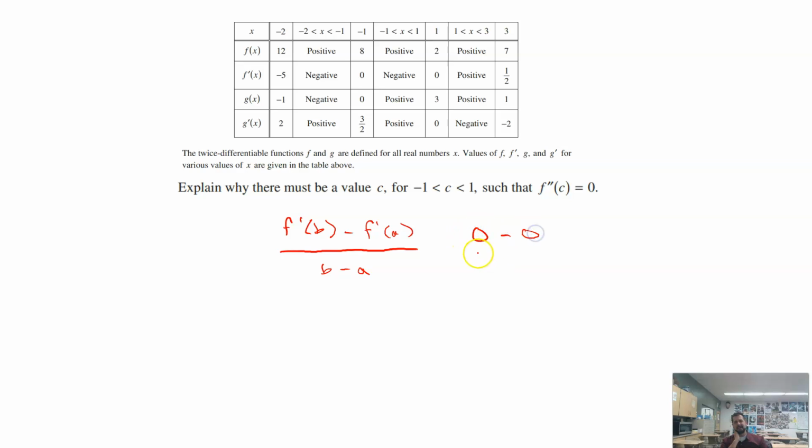In this case, I get (0 minus 0) over (-1 minus 1), which gives us 0. So indeed, because this function is differentiable, we can use the mean value theorem, and we got that average rate of change. So yes, there must be a value such that the second derivative is equal to 0.